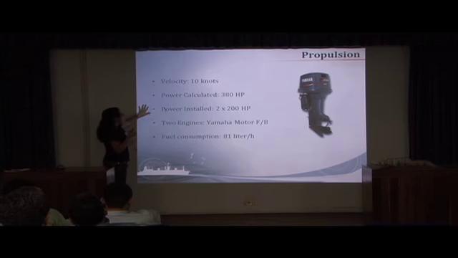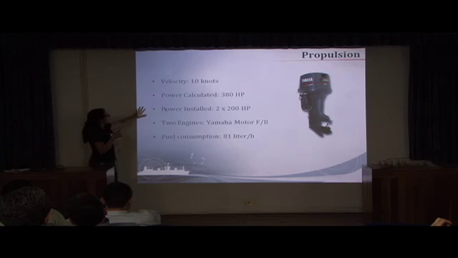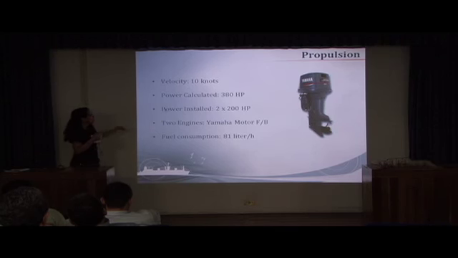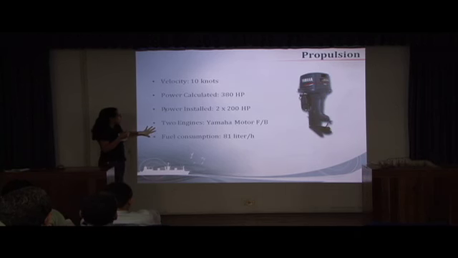So I estimate the velocity at 10 knots, and the power calculated was 380 horsepower. To install it, there must be two engines of 200 horsepower each. These two engines are Yamaha, the brand Yamaha, and the fuel consumption is 81 liters per hour.